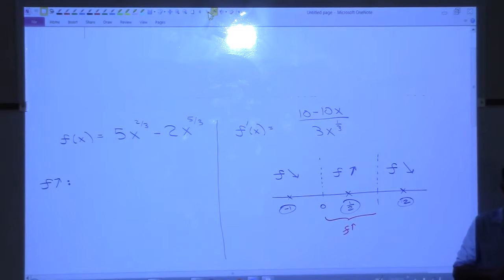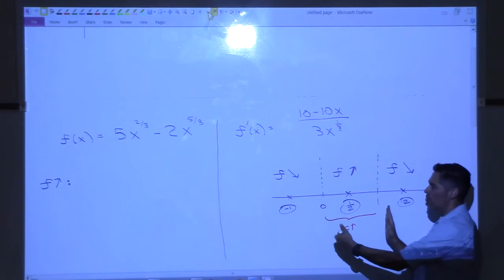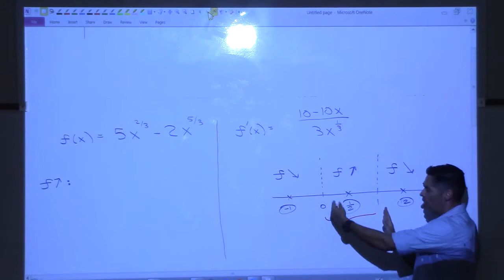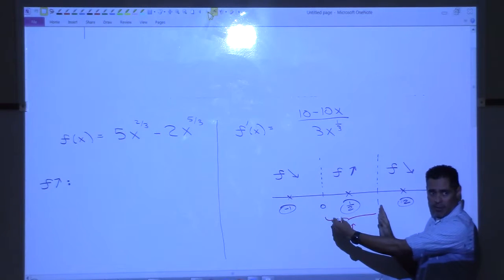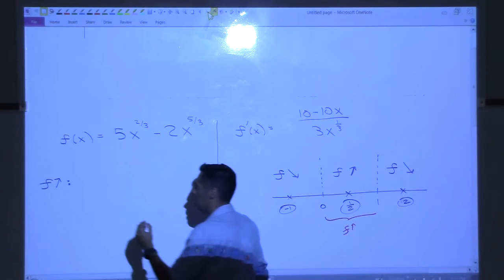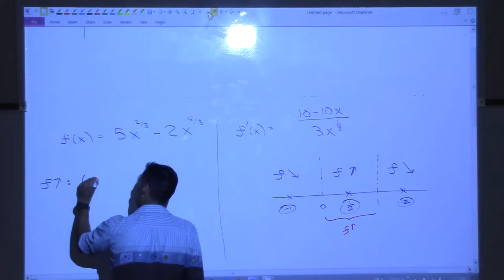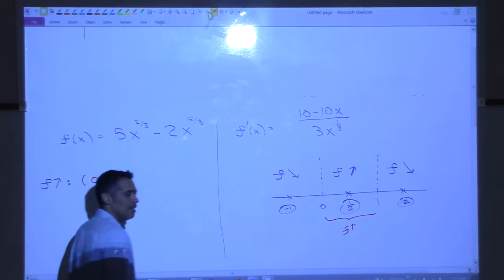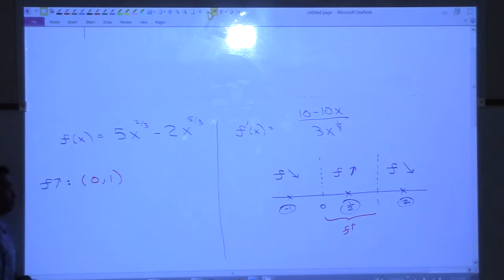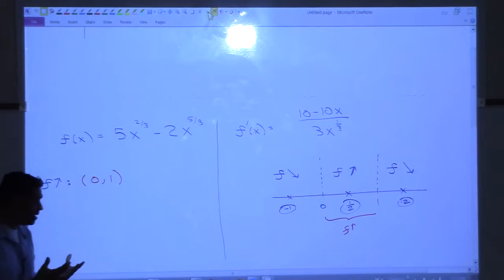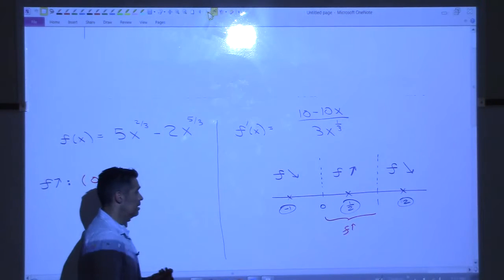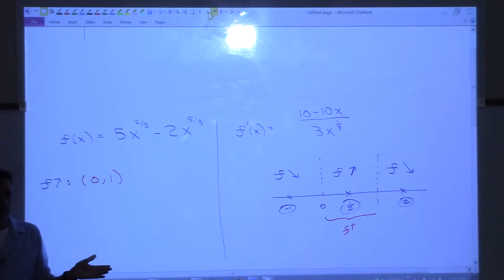So I need to put the answer as an interval in terms of the x variable. So it's all values between 0 and 1, correct? Now the question becomes, do you include the endpoints or not? Do you include 0 and do you include 1? And let me just give you the basic answer. Just don't include them, all right?